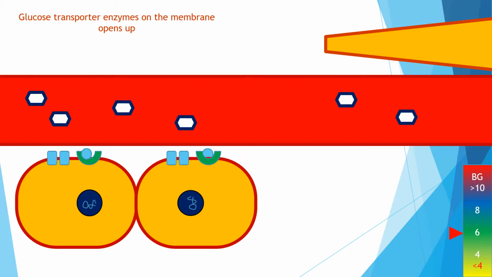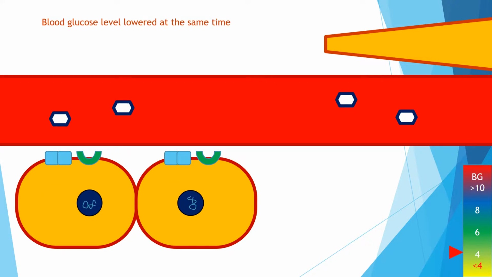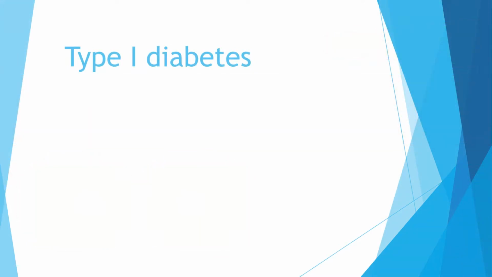They will stimulate and open up the glucose transporter, which will have glucose influx into the body cells. That will decrease the blood sugar, and the glucose is used by our body.